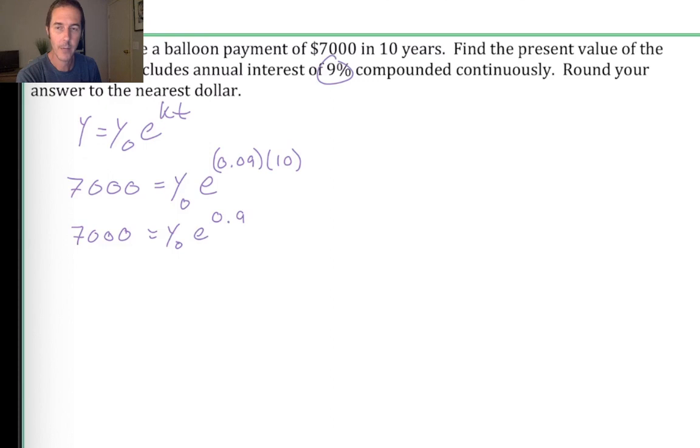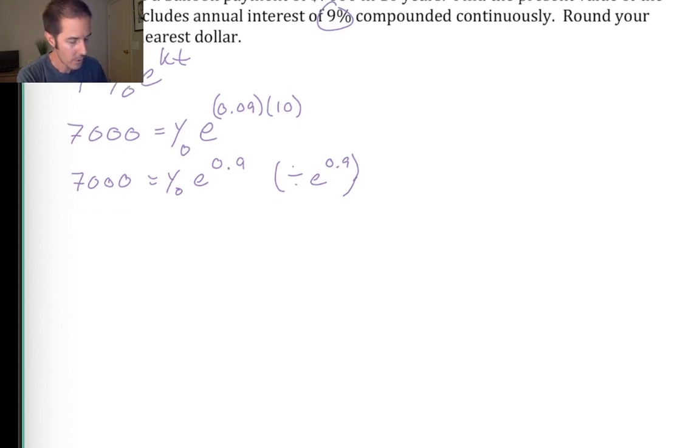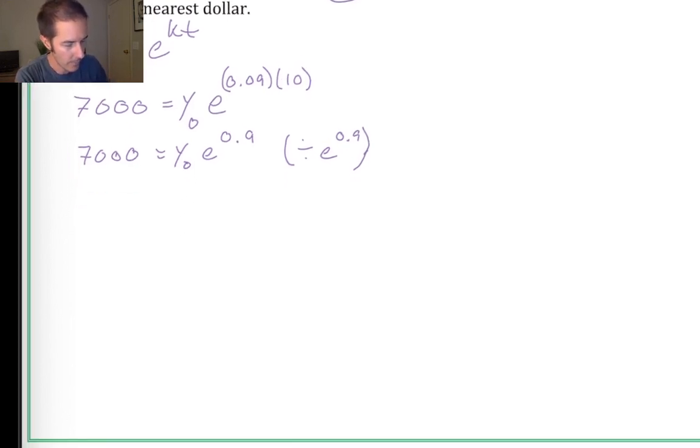So we're going to divide both sides by e to the 0.9. I'll put a little note that says that's what we're doing. And from there, we could jot it down and then go into the calculator. 7,000 divided by e to the 0.9 equals y sub 0.